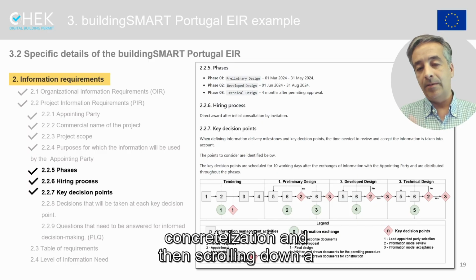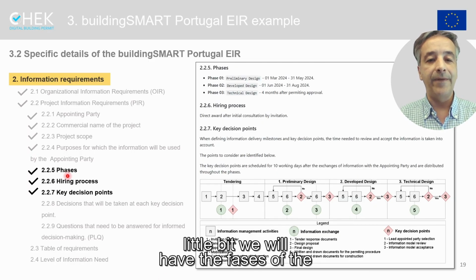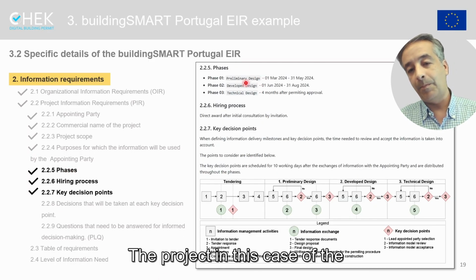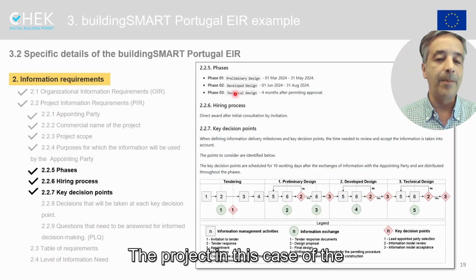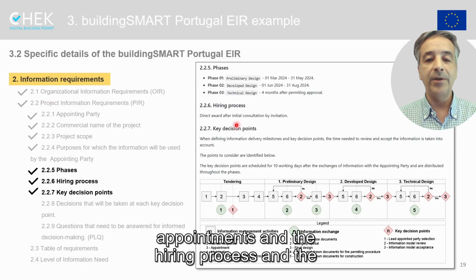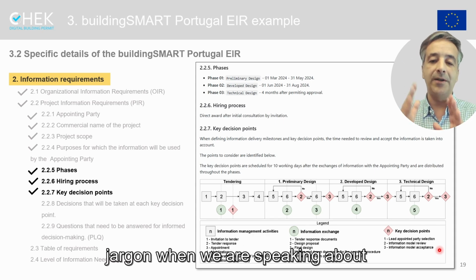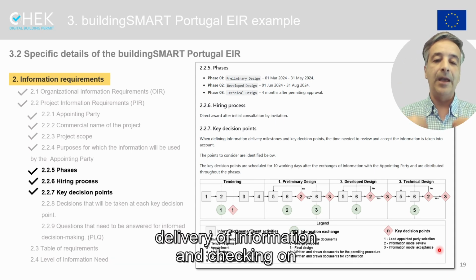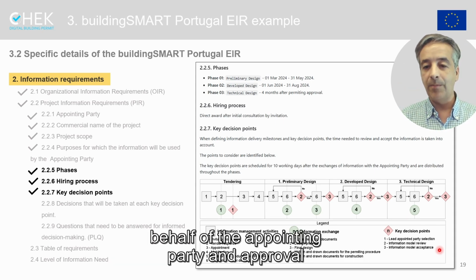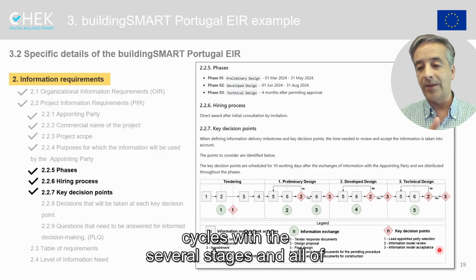And then scrolling down a little bit, we will have the phases of the project, in this case of the appointments, and the hiring process, and the key decision points, which is also a very important jargon when we are speaking about delivery of information and checking on behalf of the appointing party, and approval cycles with the several stages.